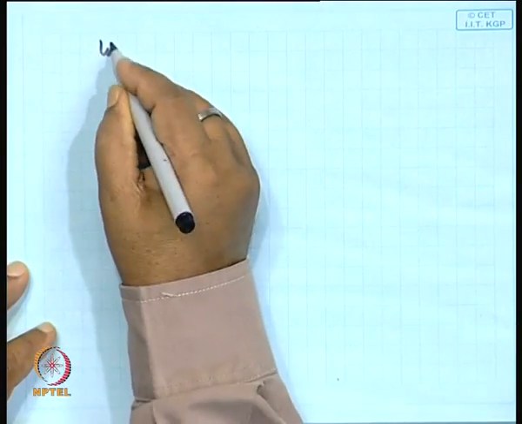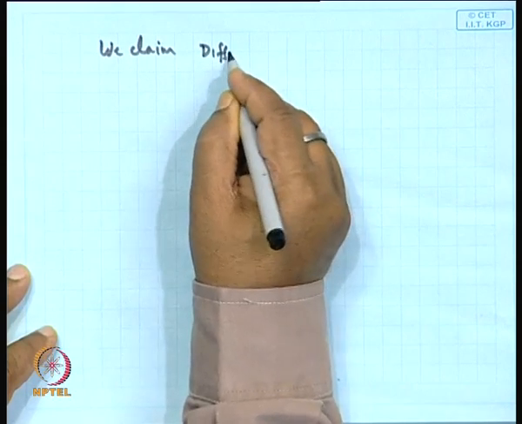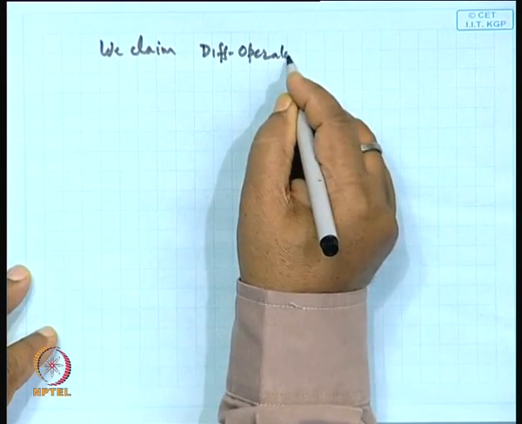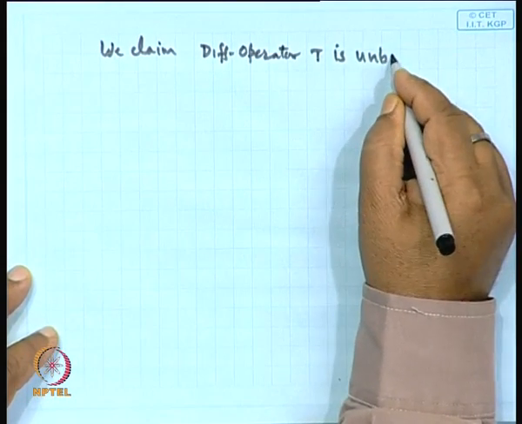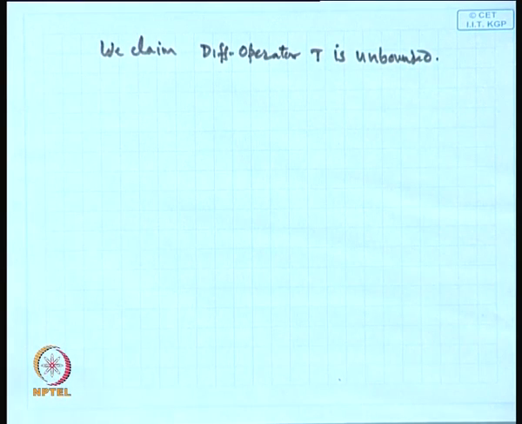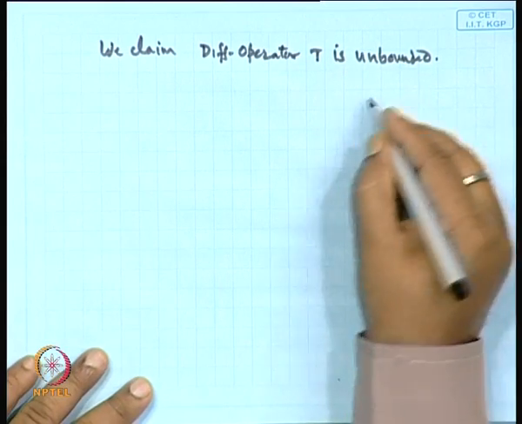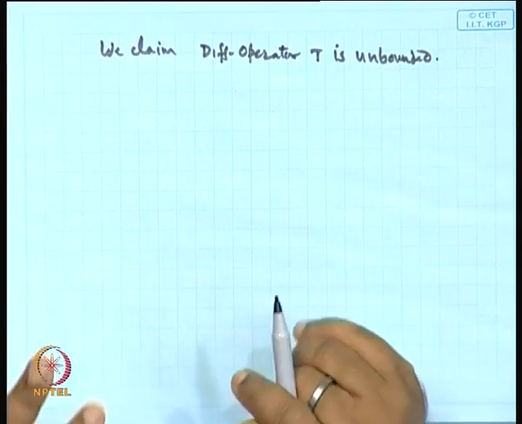We claim that this differential operator T is an unbounded operator, it is not bounded. It means we are unable to get a constant c such that norm of T x is less than or equal to c times norm of x.